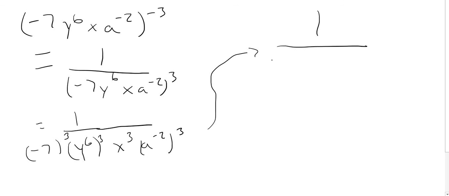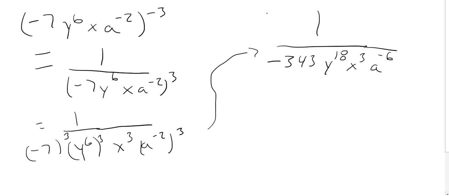Well, negative 7 times negative 7 times negative 7 is still negative 343. Y to the 6th cubed, that becomes y to the 18th. They have a power to a power, so you can multiply them. X cubed is just x cubed, and then a to the negative 2 cubed is a to the negative 6.